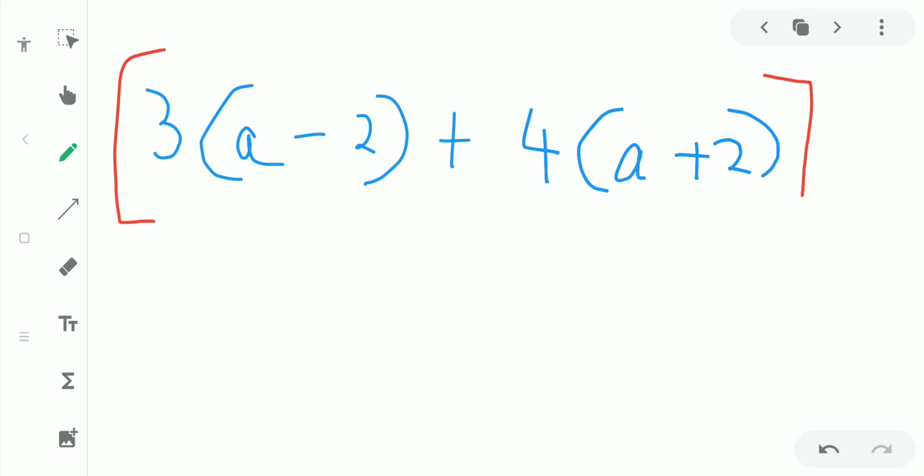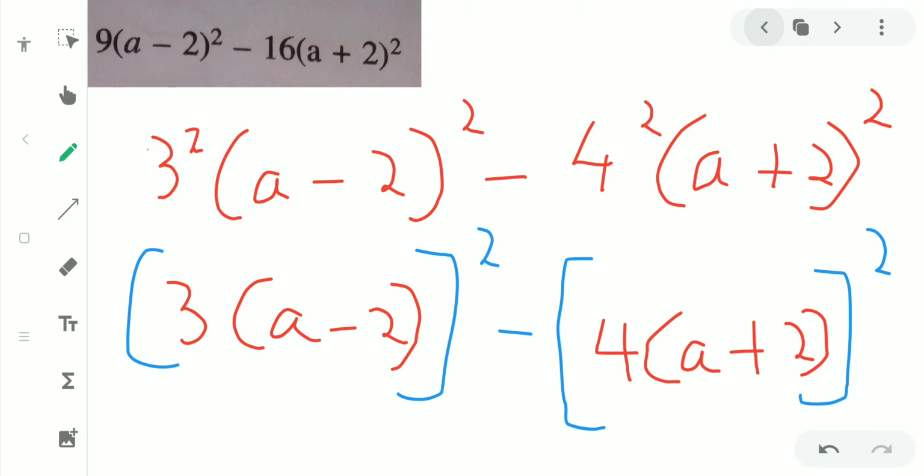So now we did the a plus b term. Now we will be doing a minus b. So a minus b is nothing but 3 times (a minus 2) subtracted with 4 times (a plus 2).